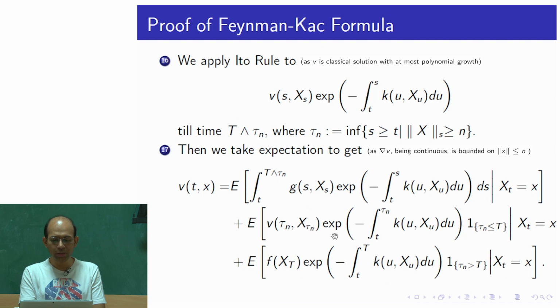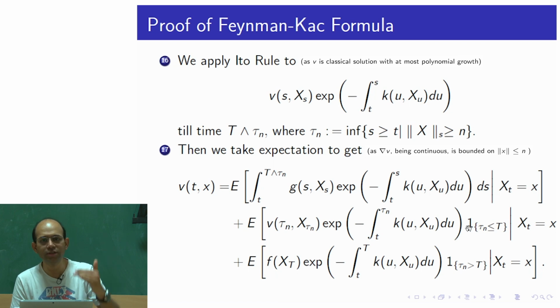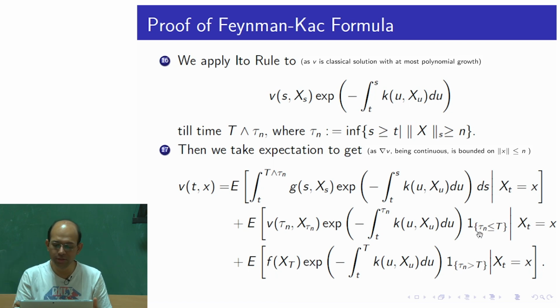Okay, so I have to argue that this should go to 0, because the basic intuition is that as n tends to infinity, τ_n increases to infinity, then with probability 1 τ_n is more than T. So this random variable converges to 0 almost surely. But the limit is outside.